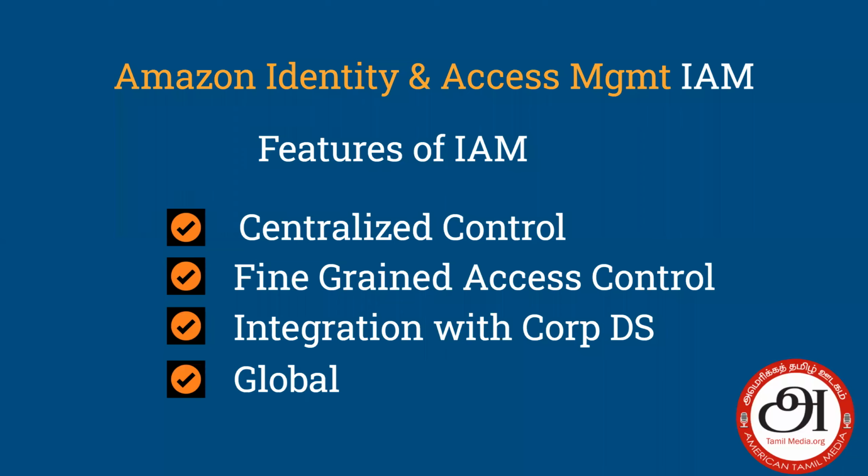And also you can integrate with corporate directory services. In your company, you may already be using some kind of directory service. Every company has one, right? It may be Microsoft Active Directory Services, MSAD. That's a directory service. Or it can be some kind of Unix-level directory service.